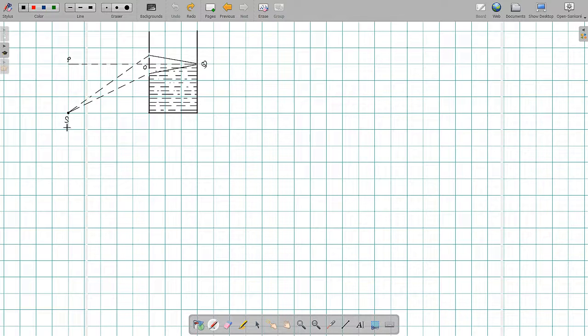So at point Q, the net path difference traveled by the light should be equal to 0. Thus, this point Q will be the central maximum.